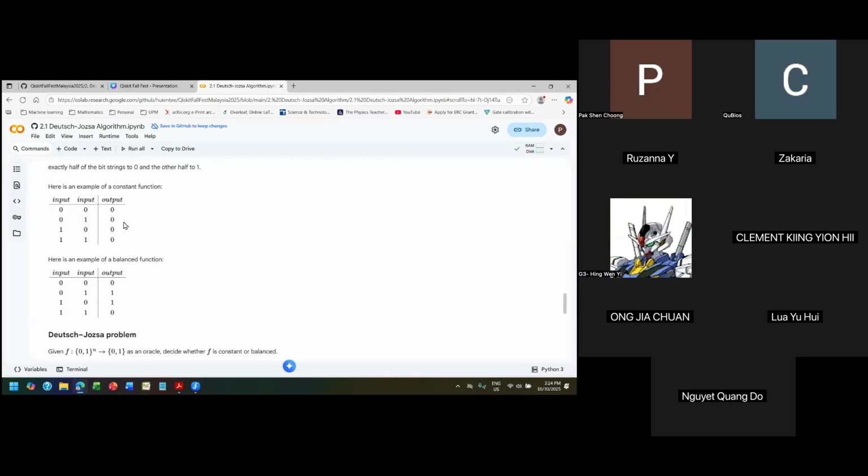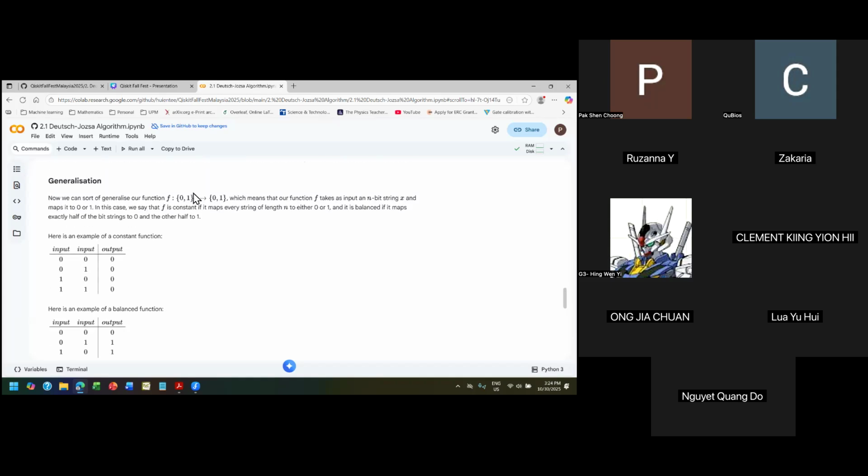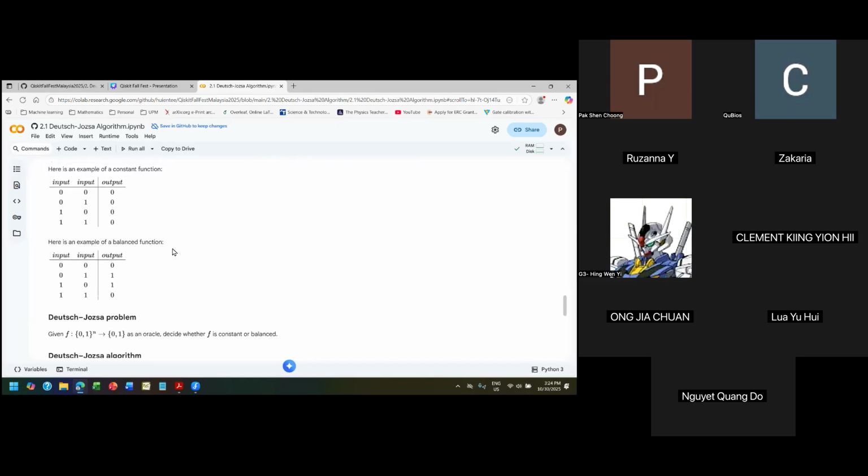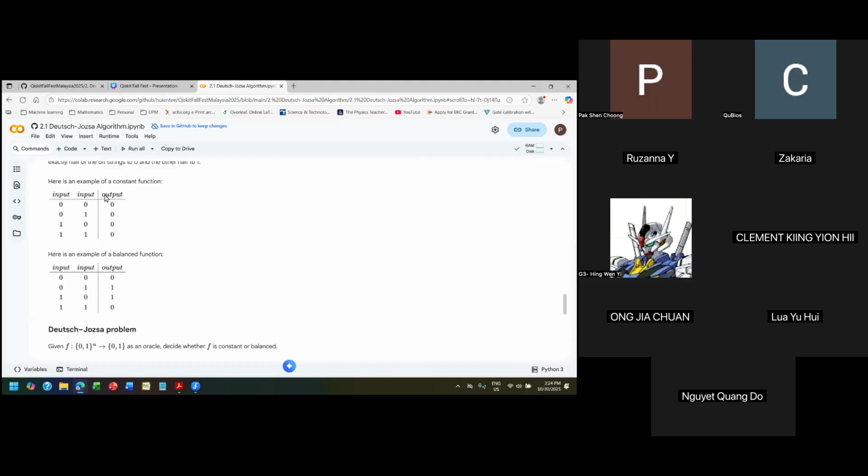I gave examples of a constant and a balanced function. So let's take, for example, now you have 4 inputs, because n, right? For example, n equals 4. So the first table up here is a constant function, because no matter what your input is, I think it's 8 inputs, sorry, no matter what you input, the output is always 0.